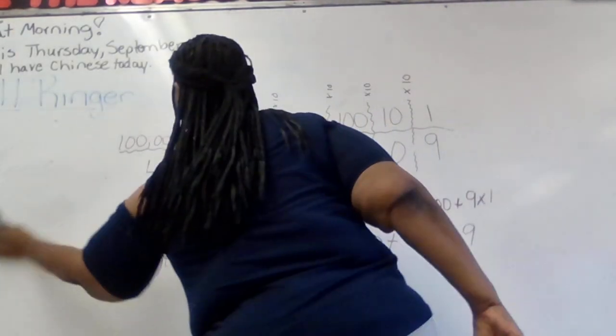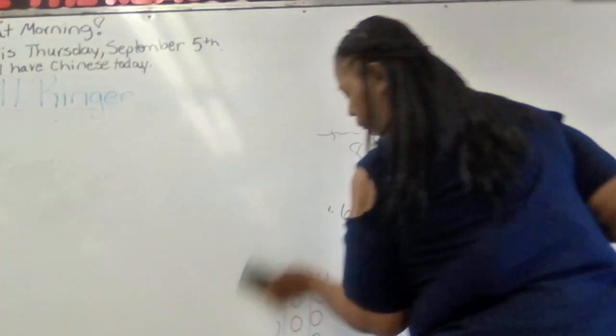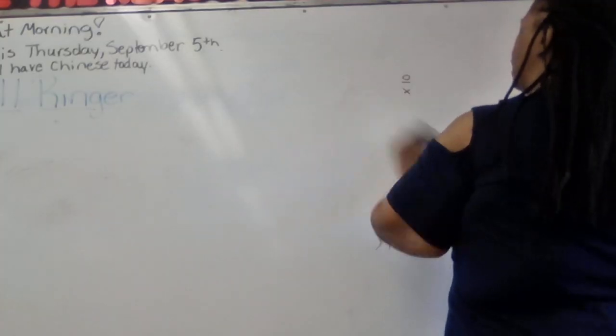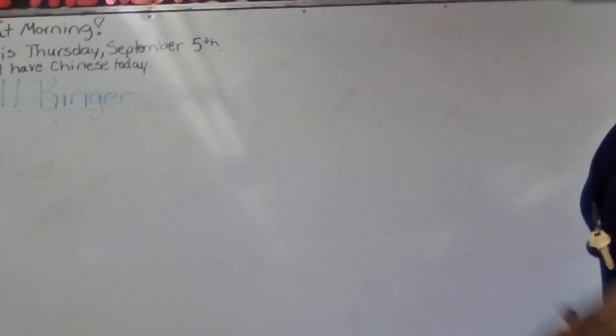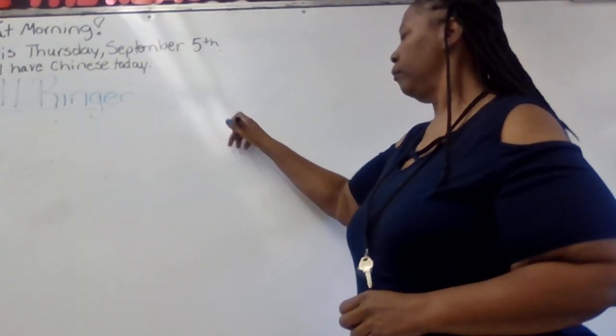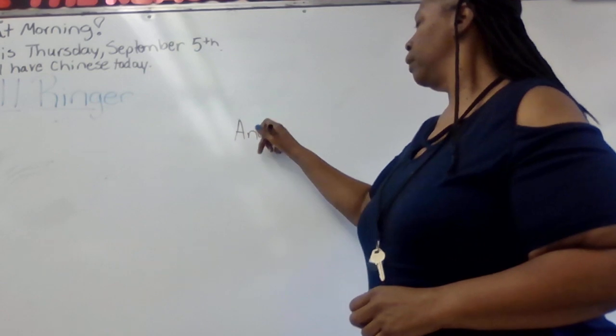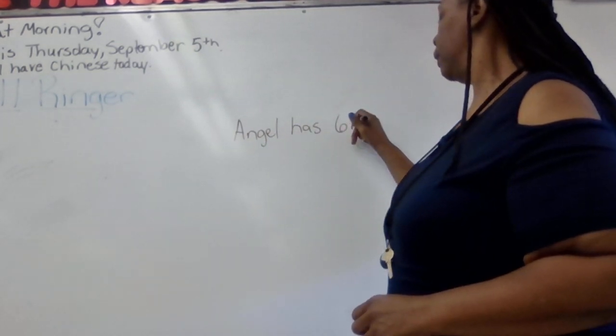Now we're going to do one more thing, and that is with the read, draw, write. Please, parents, please stress again at home the importance of read, draw, write. They have to label their work. So, for example, we're going to put: Angel has 6 rings.